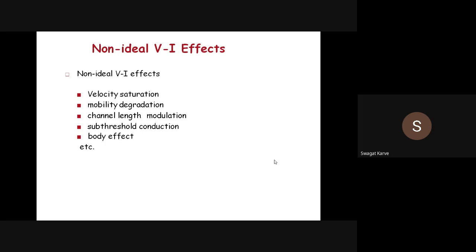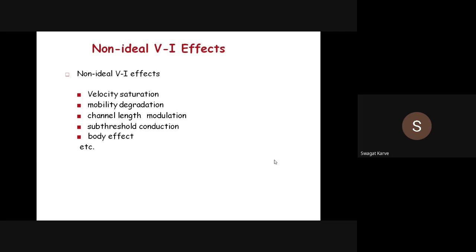What we learned in the VI characteristics are certain different regions, and the NMOS transistor exhibits them: there should be a saturation region, a linear region, and a cutoff region, and you know the different conditions for that. But along with those conditions, the NMOS transistor also exhibits these non-ideal VI effects too.